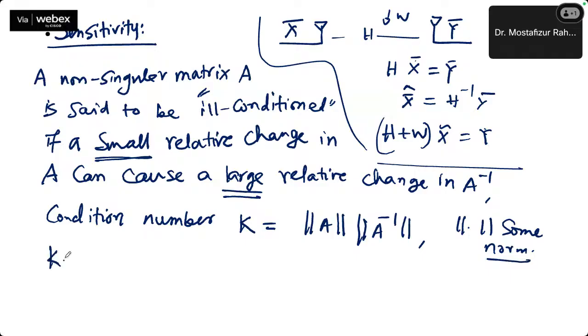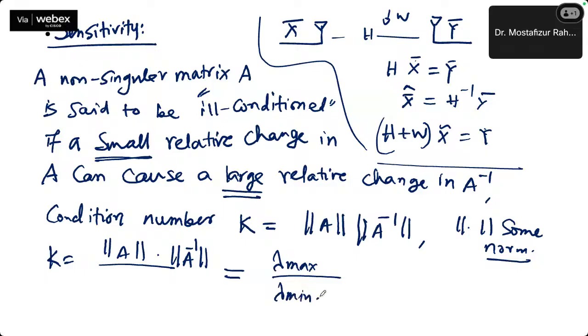Later you will see, I'm not giving the proof, that this is also equal to lambda max by lambda min, if an eigenvalue decomposition exists for the matrix A. And typically we say a system is a good system if K is less.